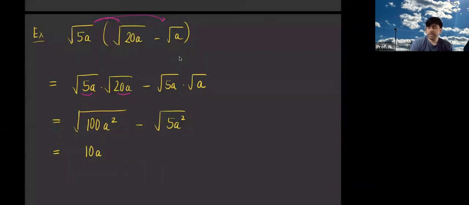Root 5, however, is not a perfect square, but a squared in this one is. A squared is a perfect square. 5 is not a perfect square. So I have to leave root 5 within the radical and take out the root of a squared. When I take the square root of a squared, I get a on the outside, and I get 5 stuck in the radical. And this is the simplified expression for what I started with.